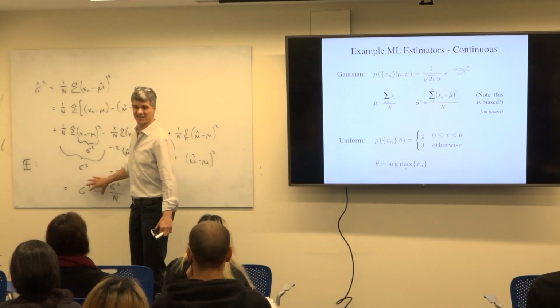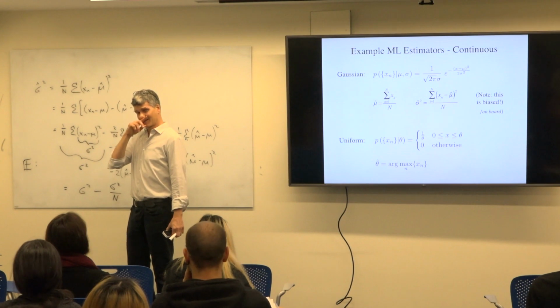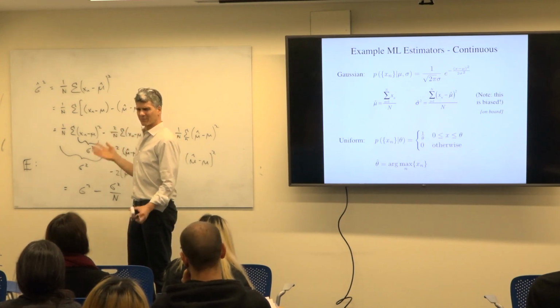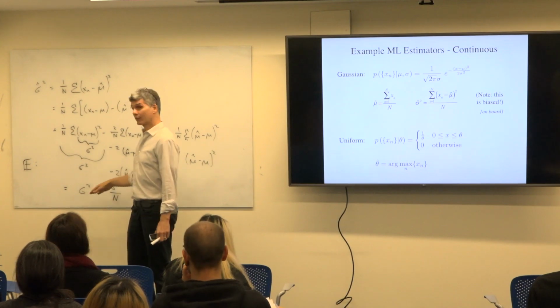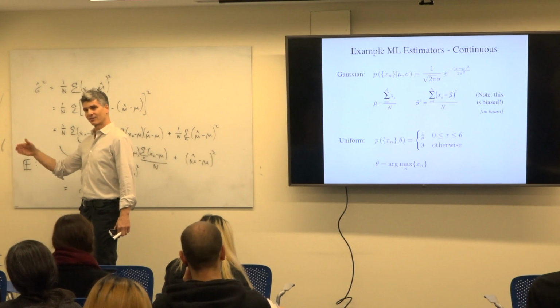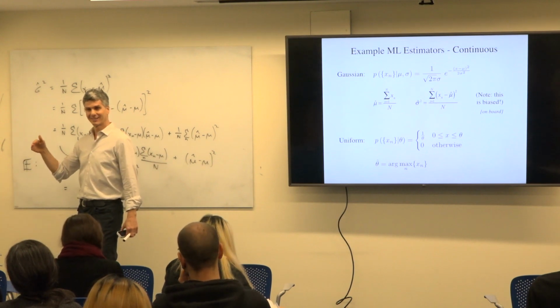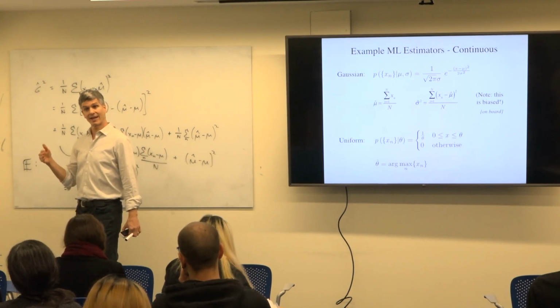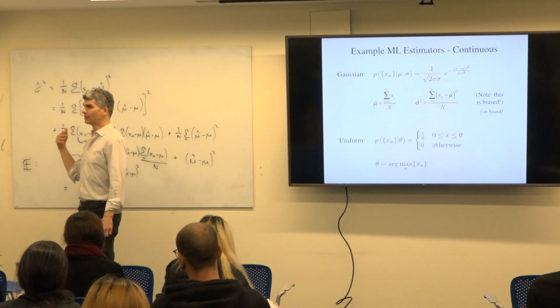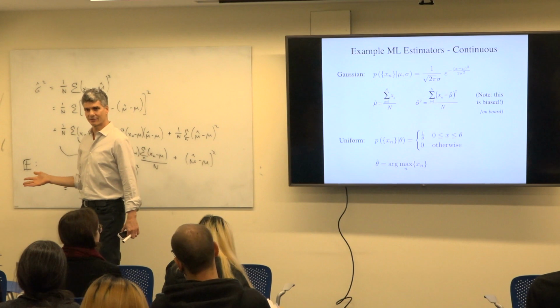So basically, this thing is equal to sigma squared, because it's sigma squared minus 1 millionth of sigma squared. So this thing converges asymptotically to something that's unbiased. That's what we mean when we say that MLE is asymptotically unbiased. I told you that last time. Asymptotically, in the limit of infinite data, it's unbiased.